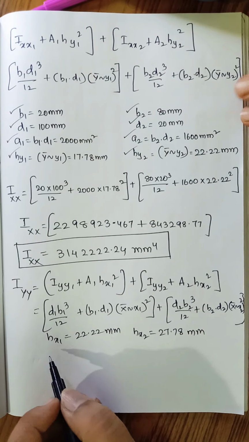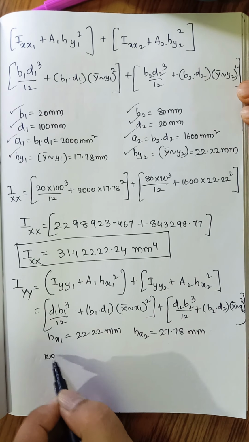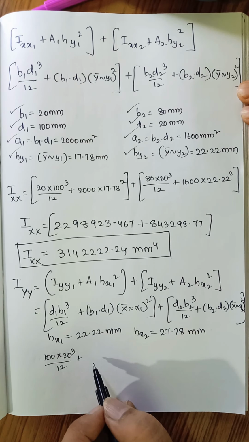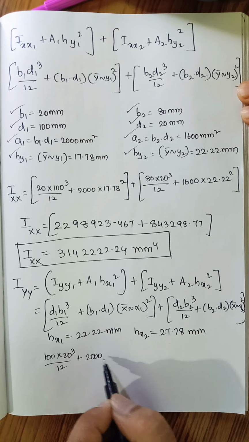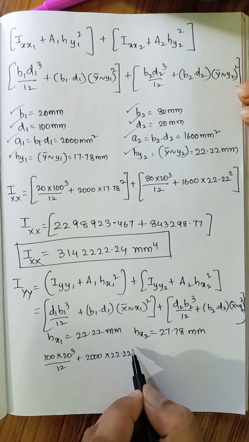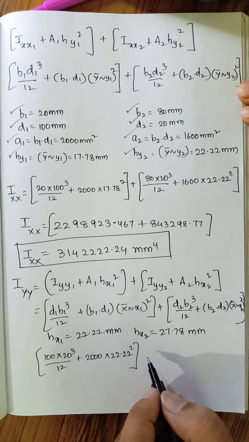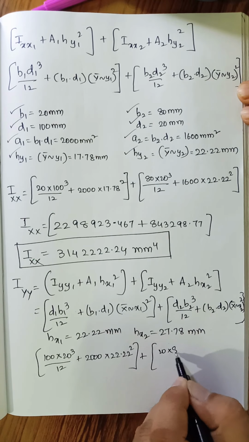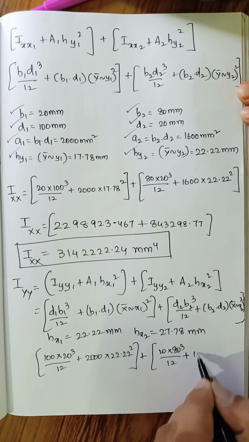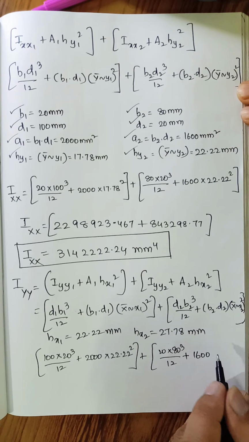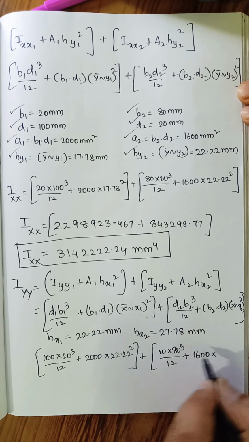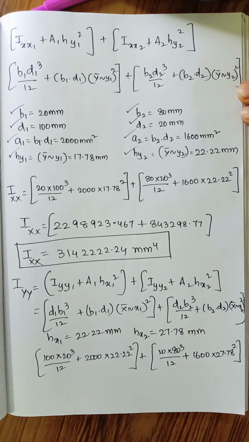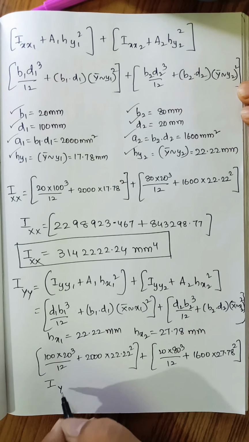We'll get d1, which is equal to 100, multiplied by b1 which is 20 cube, divided by 12, plus the area of the first rectangle, 2000 multiplied by 22.22 square. This is for the first rectangle, plus d2 20 multiplied by 80 cube divided by 12 plus 1600 multiplied by 27.78 square.